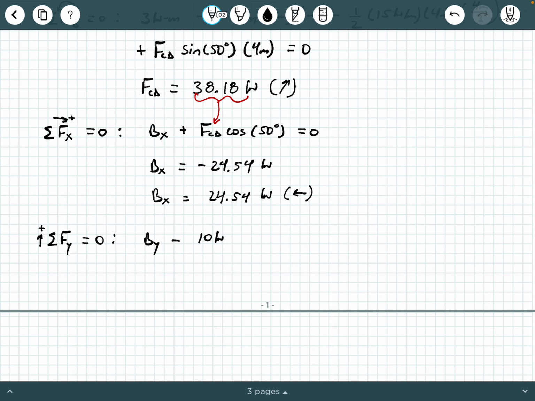That was 10 kilonewtons per meter, and that's distributed over a 4-meter length. And then we're going to minus the triangular portion. Now the area of that triangular slice is 1/2 base times height, which is 1/2 15 kilonewtons per meter times 4 meters. Notice this is force equilibrium at this stage, so no moment arm, just finding the forces.